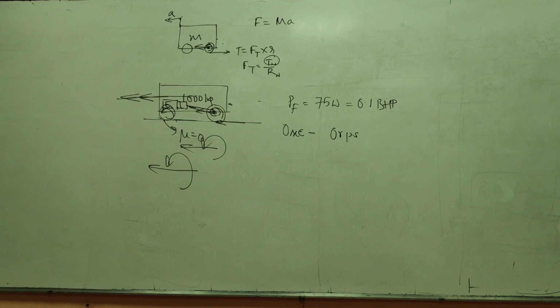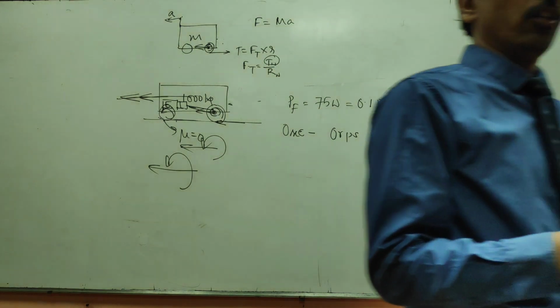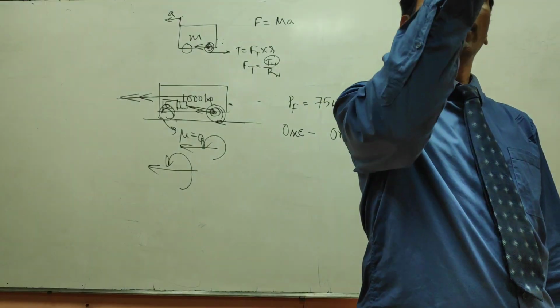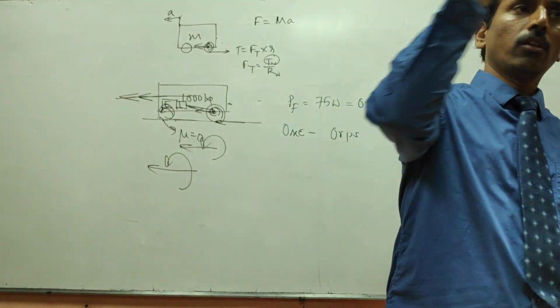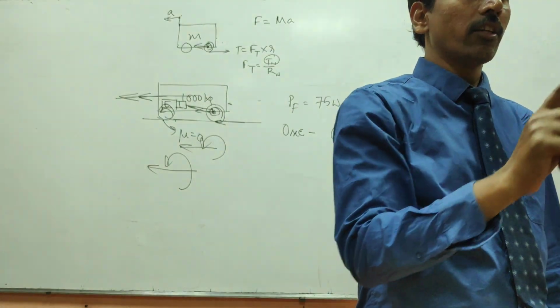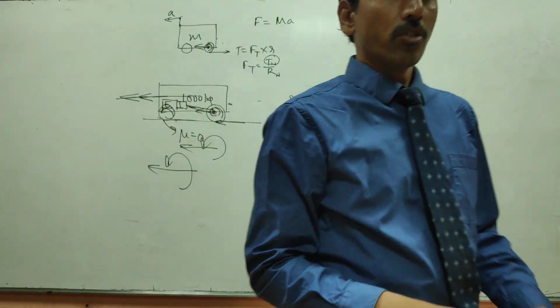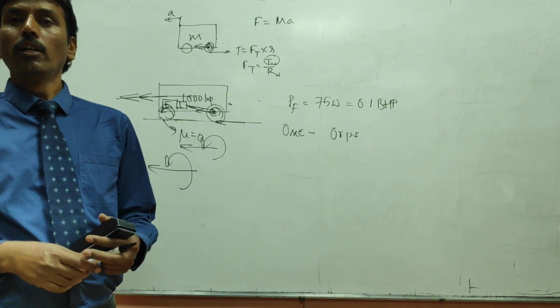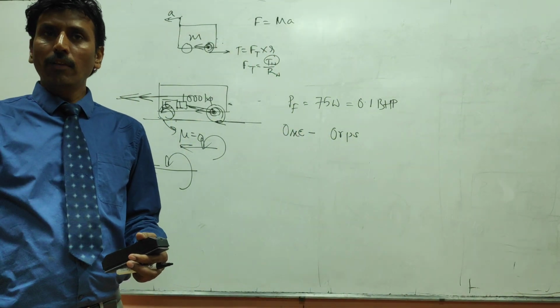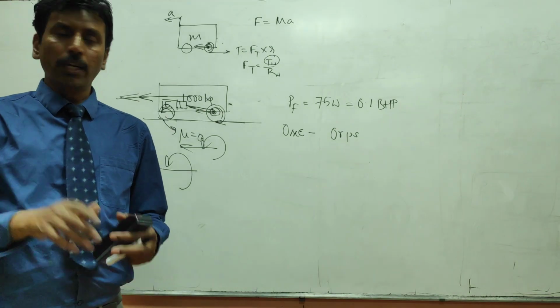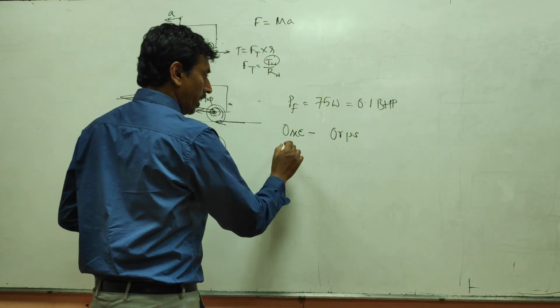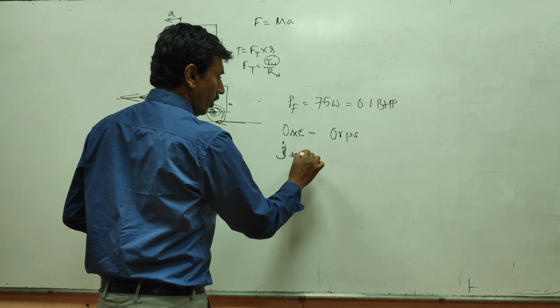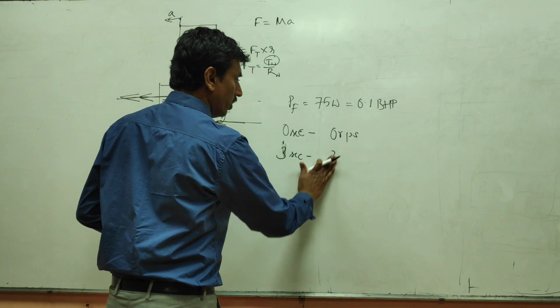How many seconds did it take to gain 1 RPS? Last time we saw this very clearly because I had told what 1 RPS is. 1 RPS means the same fan blade should come again to the same position after 1 second. It almost took around 3 seconds to gain that speed. Not instantly when I put it, after 1 second it did not gain that speed. So after 3 seconds, it actually gained 1 RPS.